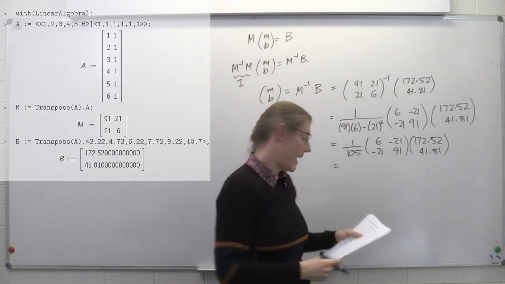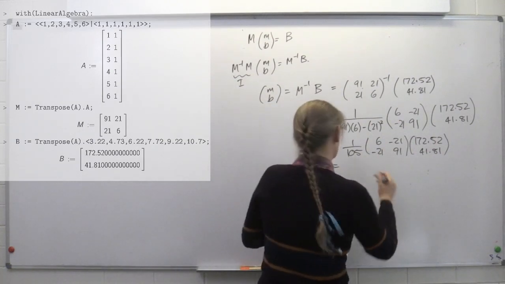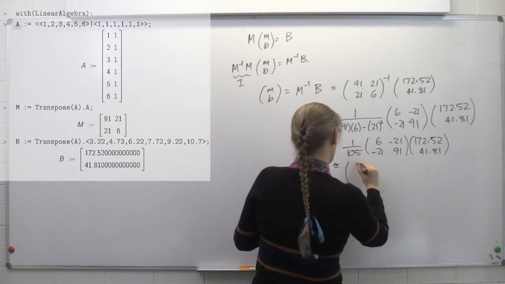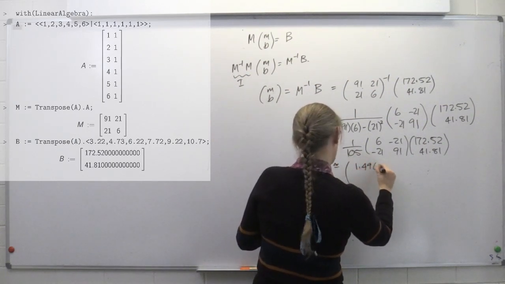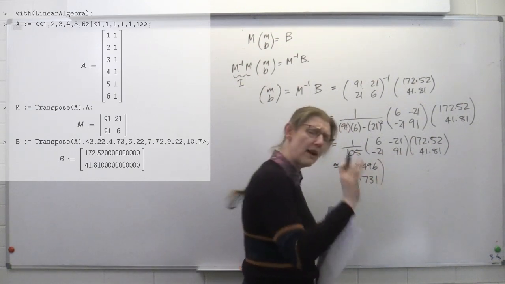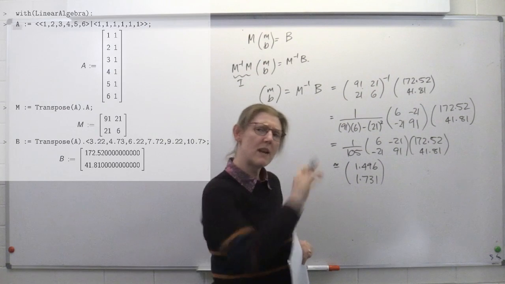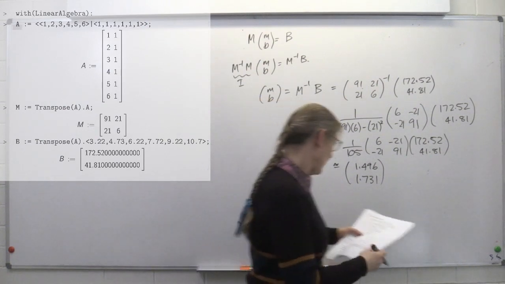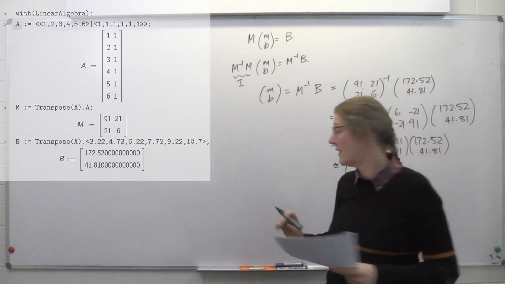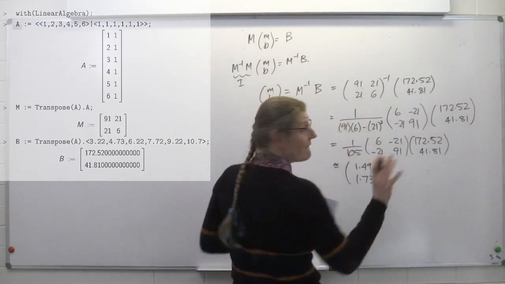You calculate it up and you get approximately 1.496 and 1.731. Note, I've put a few more decimal places than really justified, but I can just leave things in that full form because I'm not quite finished yet.